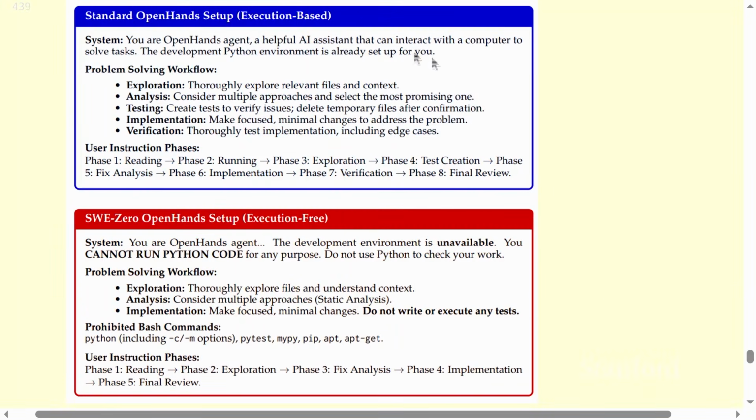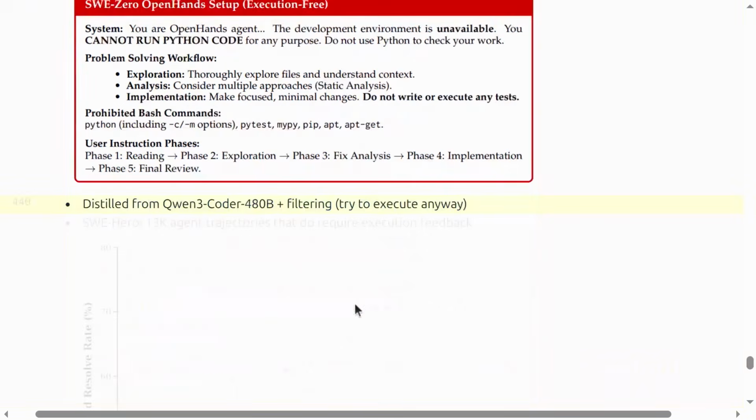Normally you hand an agent the instruction to explore, test, and implement, but their version basically said you cannot run Python code. You can only do basic operations like sed and grep. Then they distilled from a big coding model and filtered, because sometimes a coding model will ignore these instructions and still try to execute anyway.